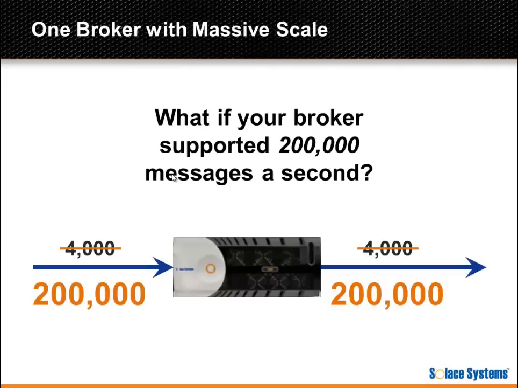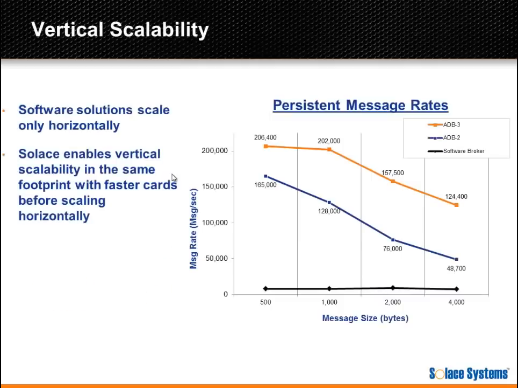Now sure, if you need more than 200,000 messages per second, you can horizontally scale a Solace deployment by adding more appliances, but scaling in units of 200,000 messages per second is far simpler than scaling in units of 1,000 messages per second. And this brings me to my last point, vertical scalability.